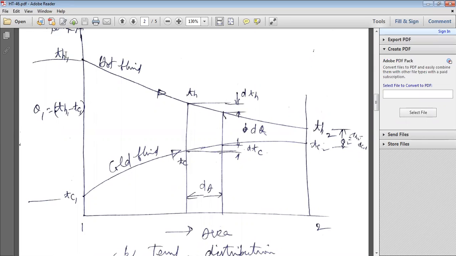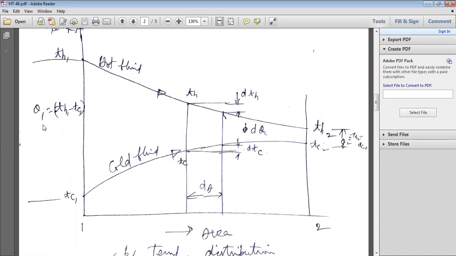Now at the inlet, there are TH1 and TC1: hot fluid temperature TH1, cold fluid temperature TC1. What is the temperature difference at the inlet? That is theta 1.